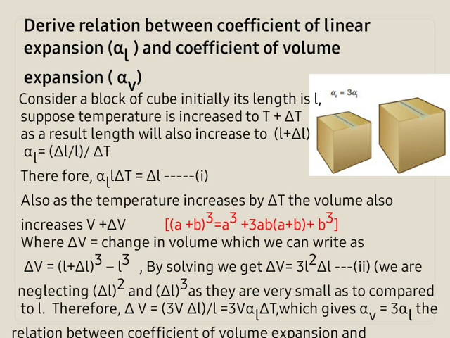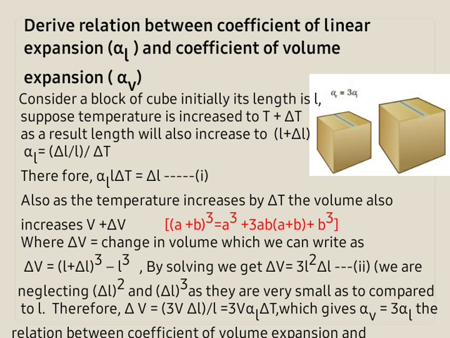Initially, its length is L. Suppose its temperature is increased from T to T plus delta T. As a result, its length will increase from L to L plus delta L. We have the expression for the coefficient of linear expansion: alpha L is equal to delta L by L divided by delta T. Then delta L is equal to alpha L into L delta T, which is the expression 1.